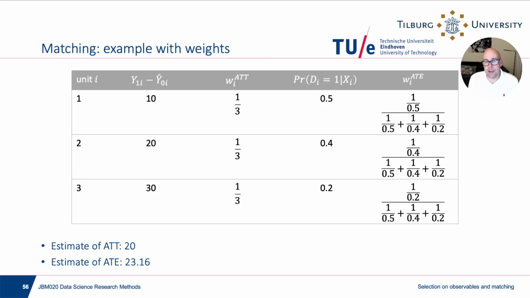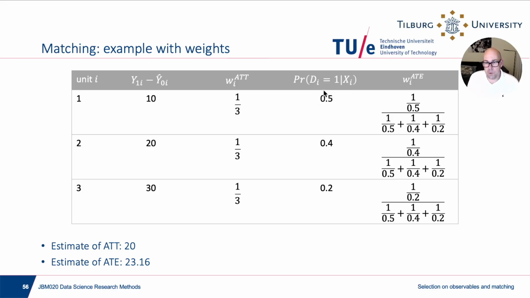And I would do that by picking weights that are proportional to the inverse of the probability that a unit has been treated given its characteristics.